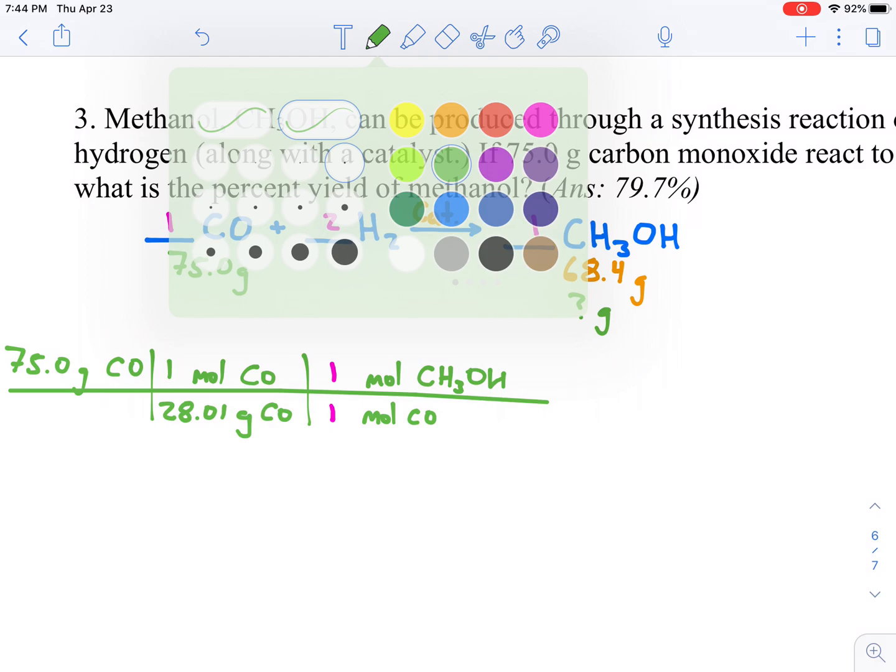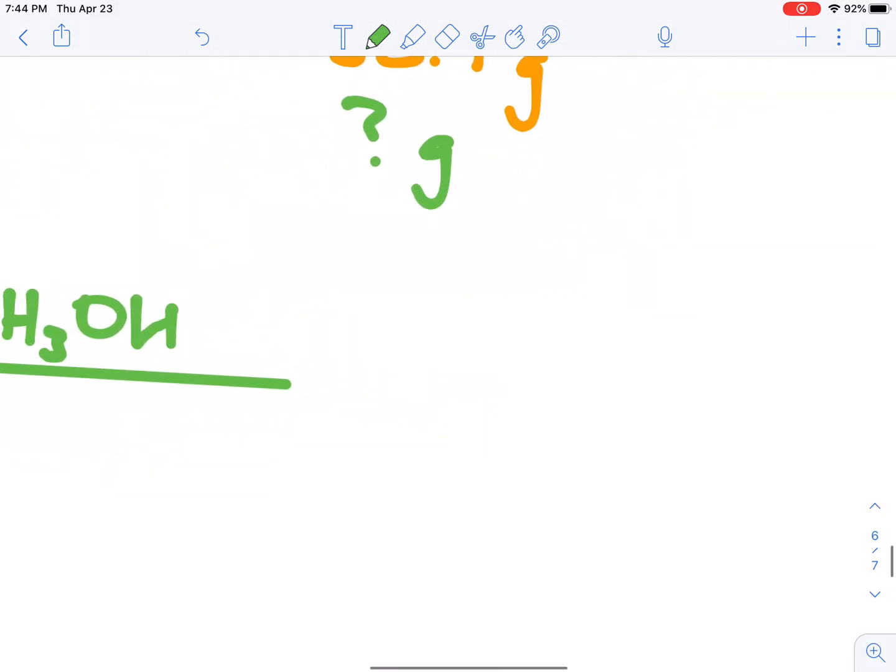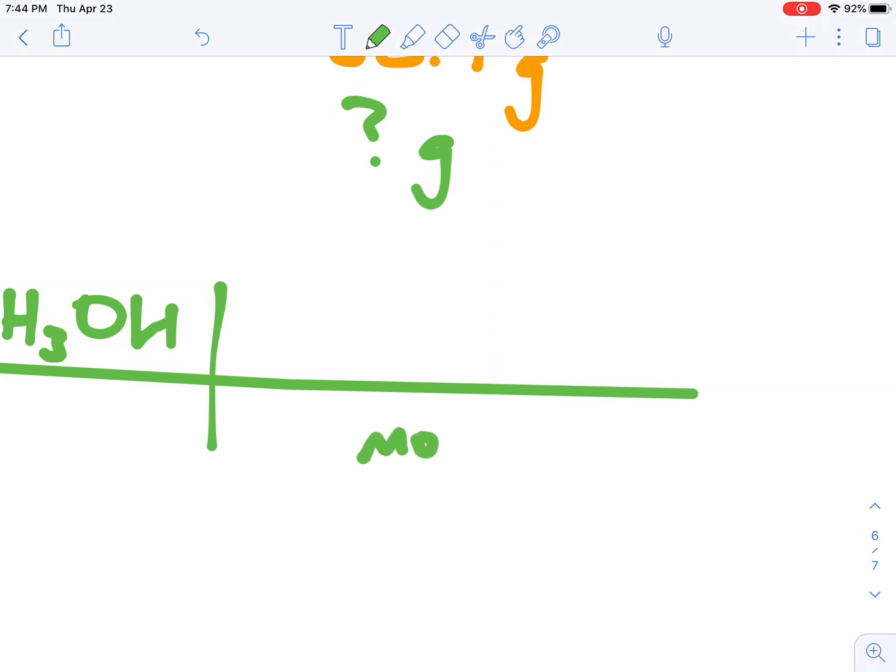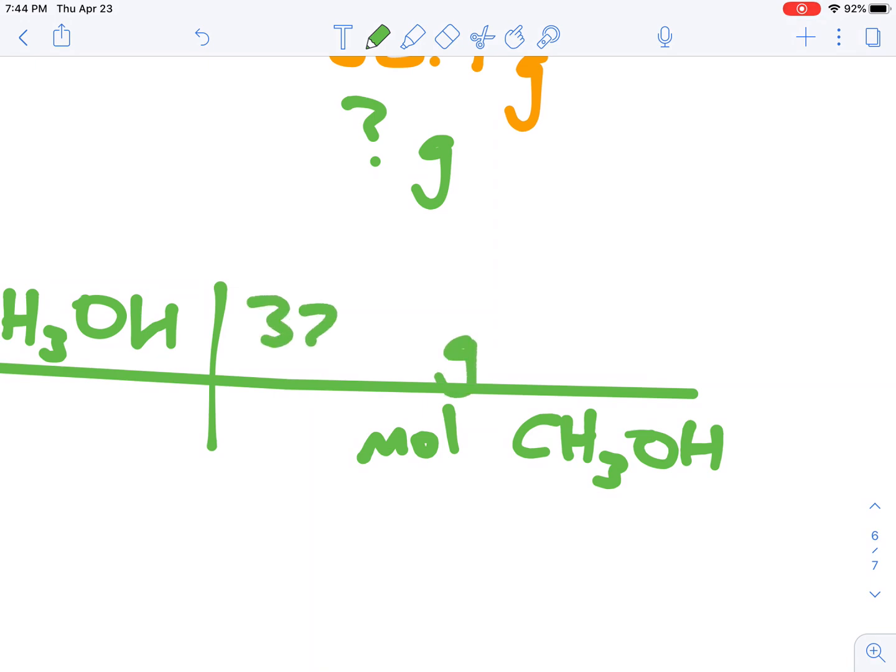Again, it's important for us to write it though. And then we can finish by going to grams of methanol from moles of methanol using its molar mass. And if you add up all of those elements from the periodic table, you'll get a molar mass of 32.05 grams in every 1 mole for methanol.